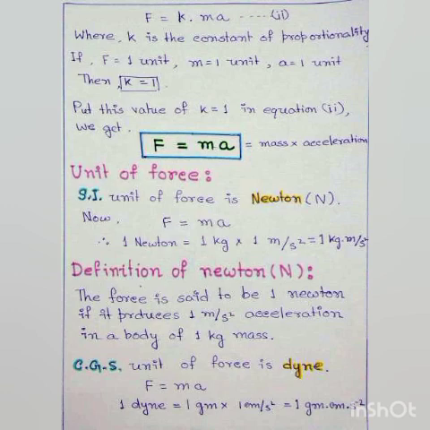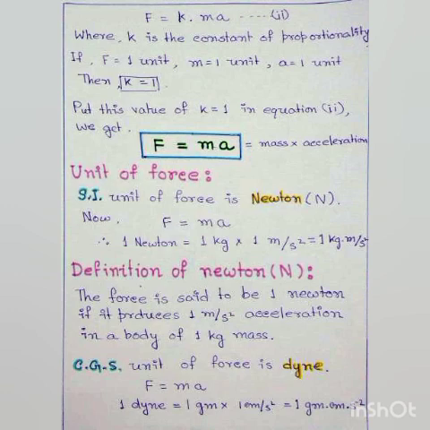If two physical quantities are directly proportional to each other or inversely proportional to each other, means if any proportional sign is there between two physical quantities, and if you want to remove the proportionality sign, if you want to introduce an equal sign, then by mathematical convention you have to introduce a constant term.